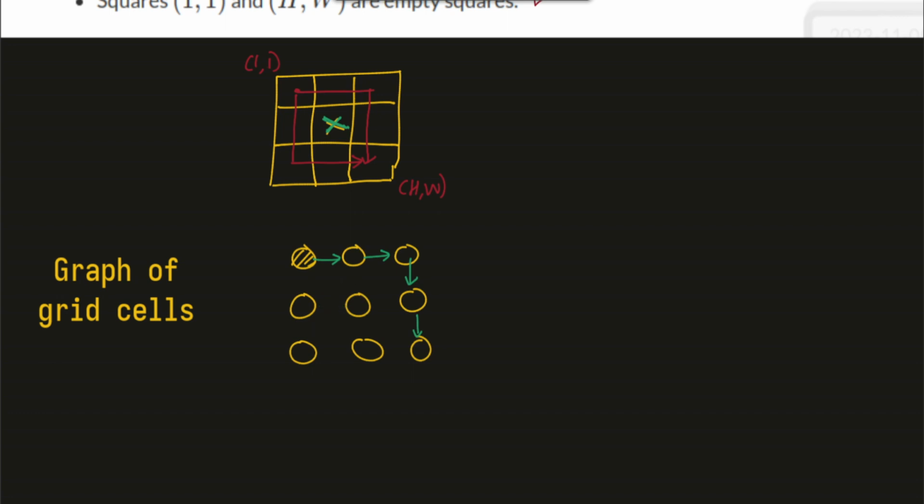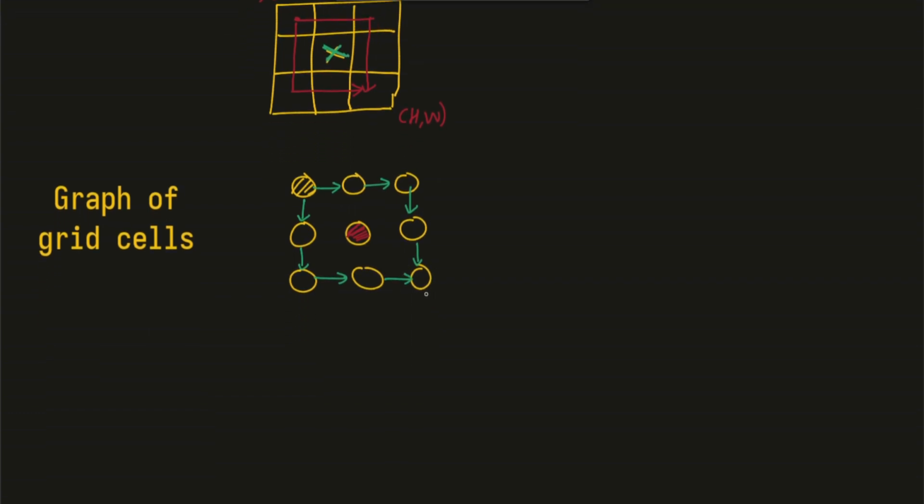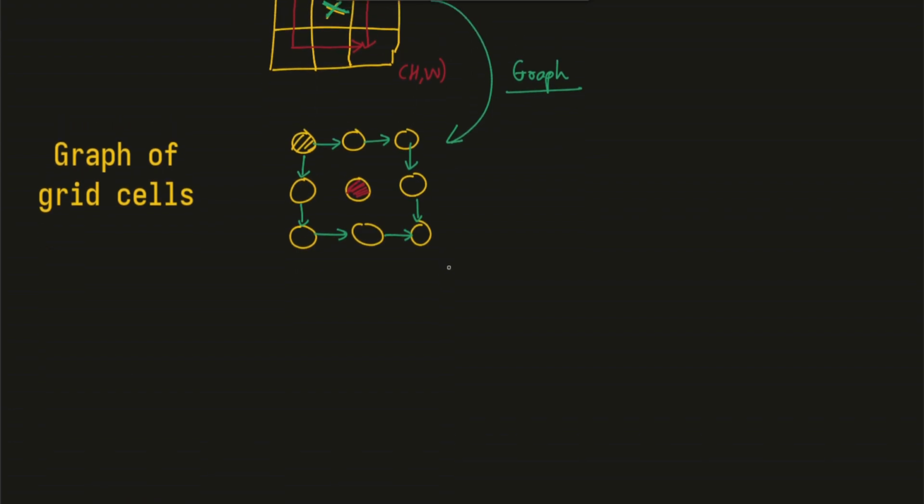So this is a blocked cell, so there cannot be a path between any adjacent nodes. So this grid will be converted into this graph by following the convention as we saw in the question.